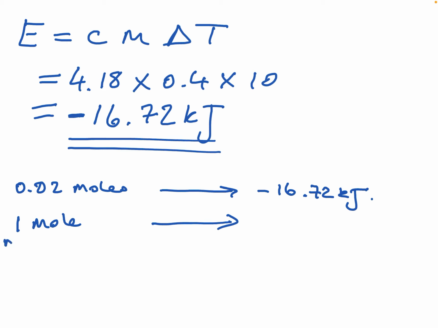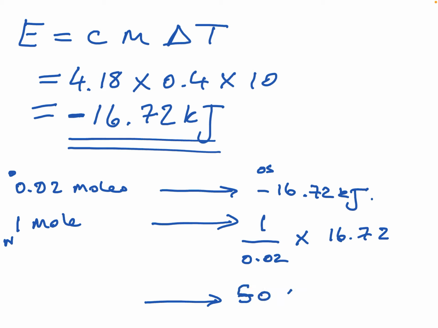So again, new over old times the other side is going to be 1 divided by 0.02 times 16.72, and I'll do this in the 2 steps I was doing.